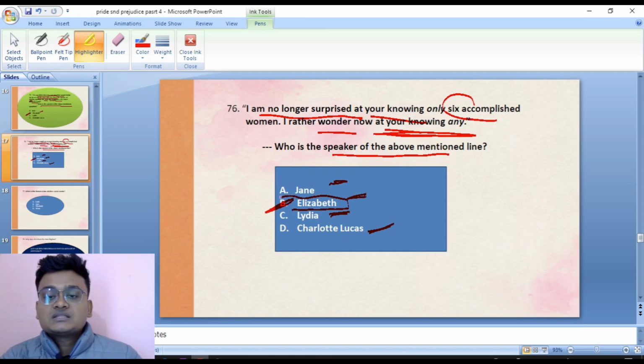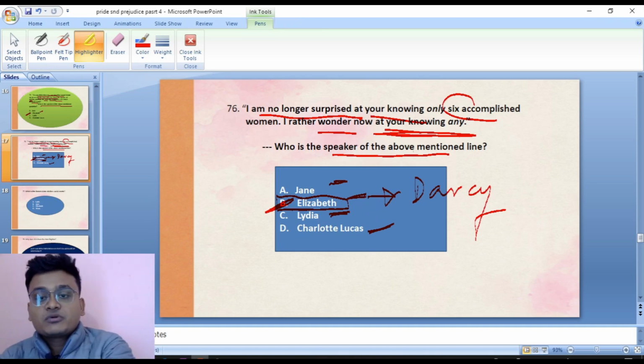Elizabeth was talking with Darcy, and she was saying that what Darcy thinks about women is totally unrealistic. That means Darcy's perception of women is totally unrealistic. This line was spoken by Elizabeth.